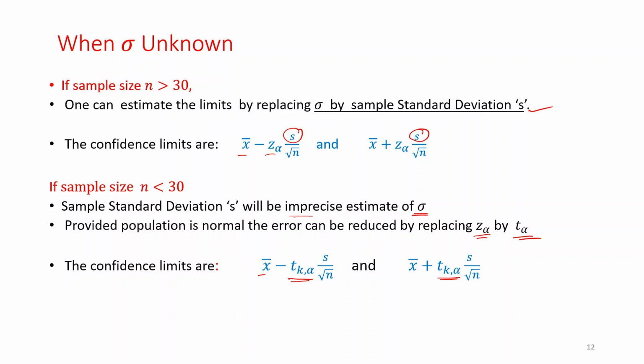K is the degree of freedom, alpha relates to the level of confidence that we want to keep, S is the sample standard deviation, and n is the sample size. So everything remains the same. Simply z is replaced by t k alpha.